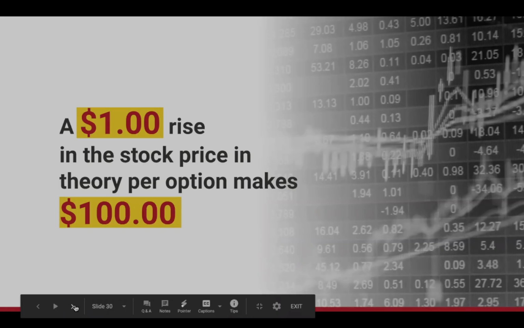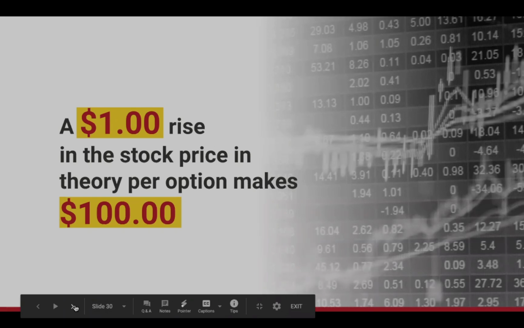So if you buy an options contract today on Apple for, let's say, $1,000, and then you say, I think Apple can go up $100 this week. If it goes up $100 and you make $100 for every dollar move, 100 times 100 is what? 10,000? All right. You can make a lot of money. I think my numbers were wrong there, but you can make a lot of money.